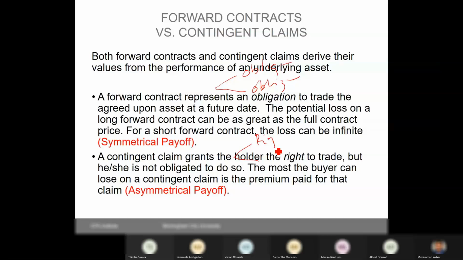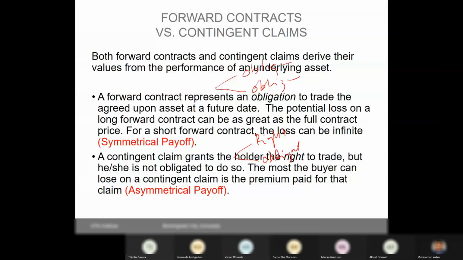So that means that in the forward contract or the futures contract or the swap, the payoff will be symmetrical. Okay, so both the gains and losses to the buyer and seller can be identical.